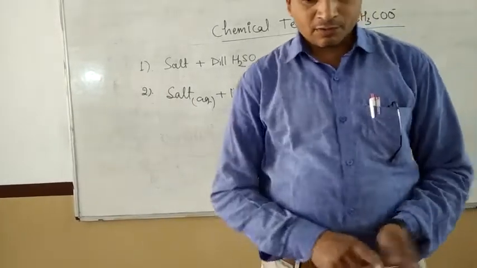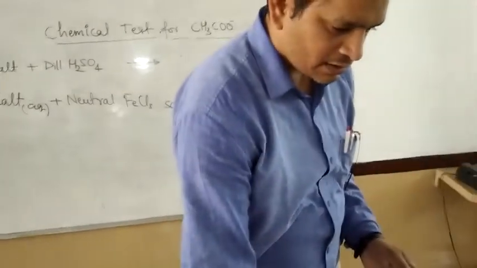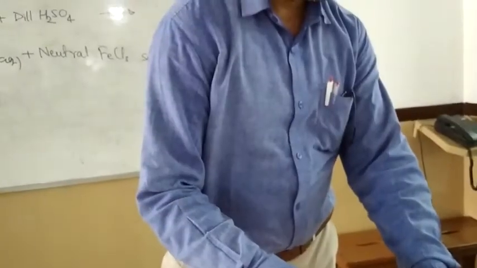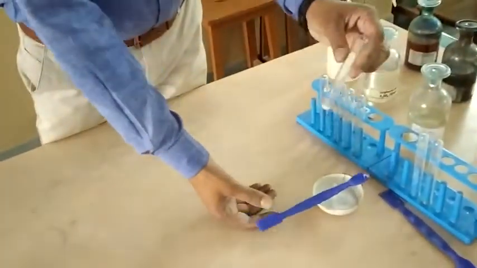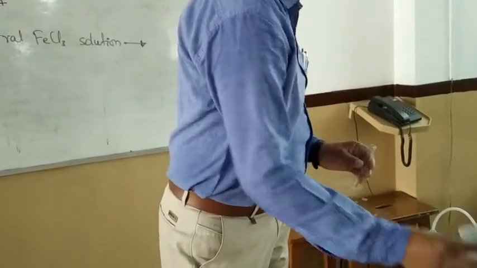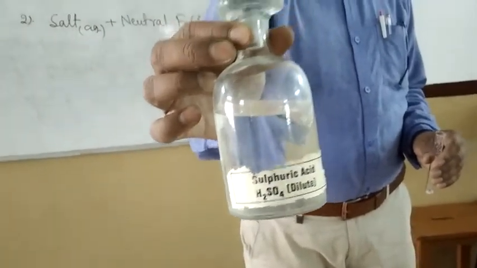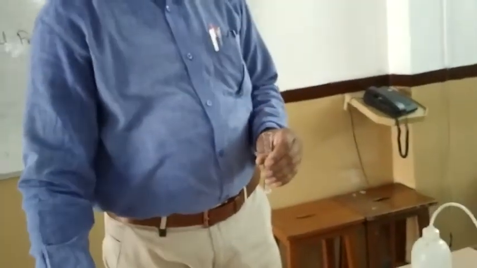So first of all we will take the salt. This is the salt that I have taken here, and to it we will add the dilute sulfuric acid, and we will see the observation.